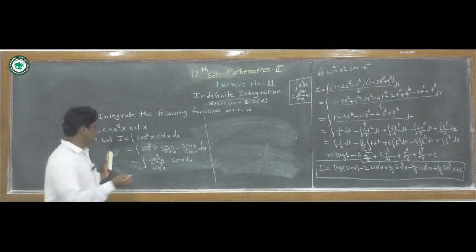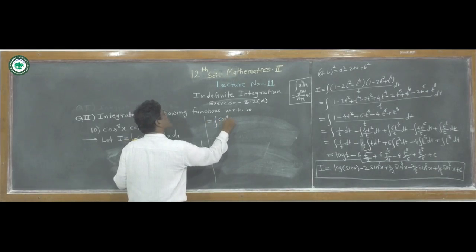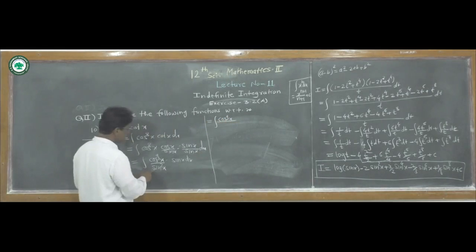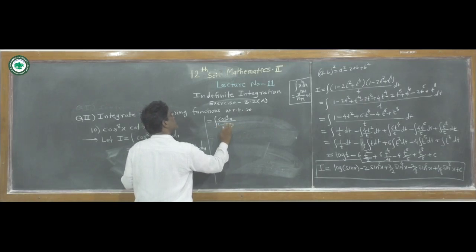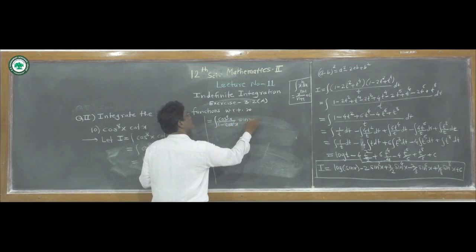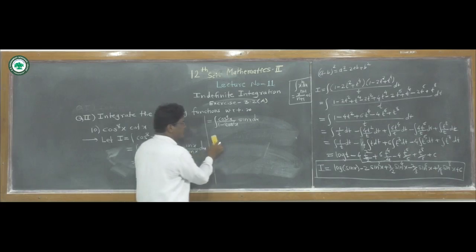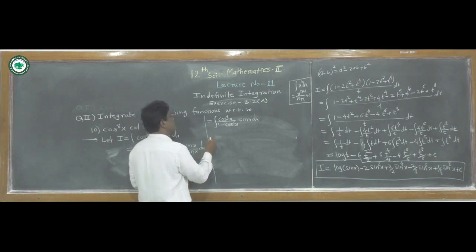So it is equal to integration of cos raised to 9x divided by 1 minus cos square x, and sin x dx as it is. And now we use the substitution method. We put cos x is equal to t.